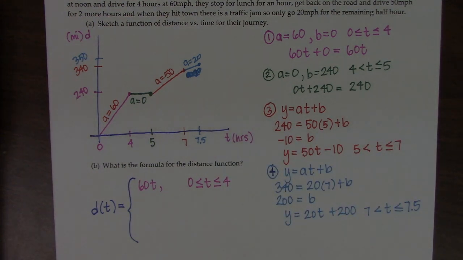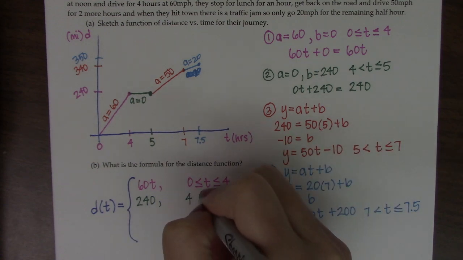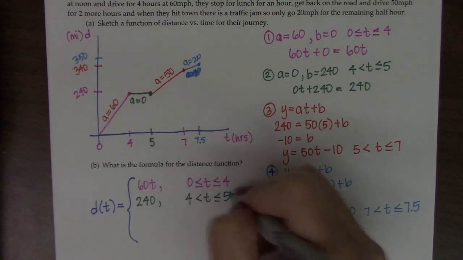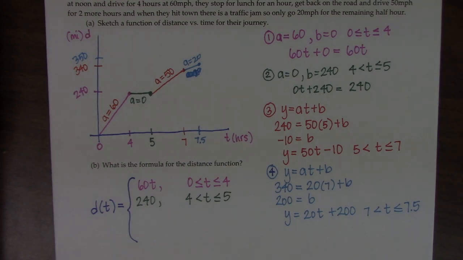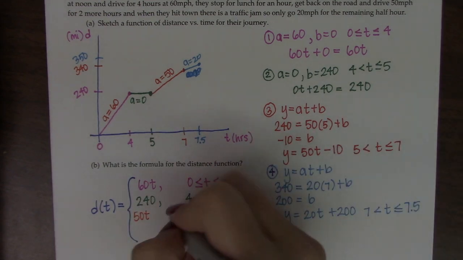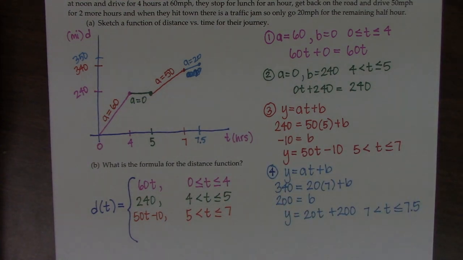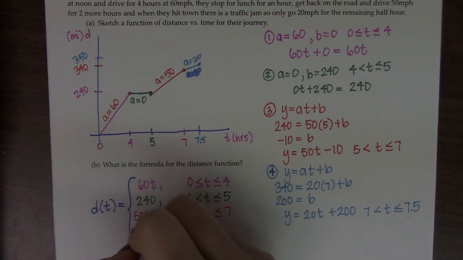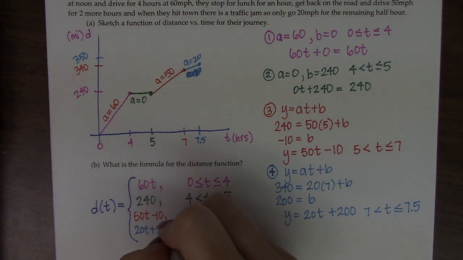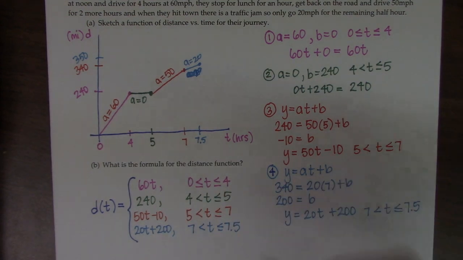Our second equation was just the horizontal line 240, and that was from 4 to 5. Our third line was 50t minus 10, and that was from 5 to 7. And our fourth line was 20t plus 200, and that was from 7 to 7.5.